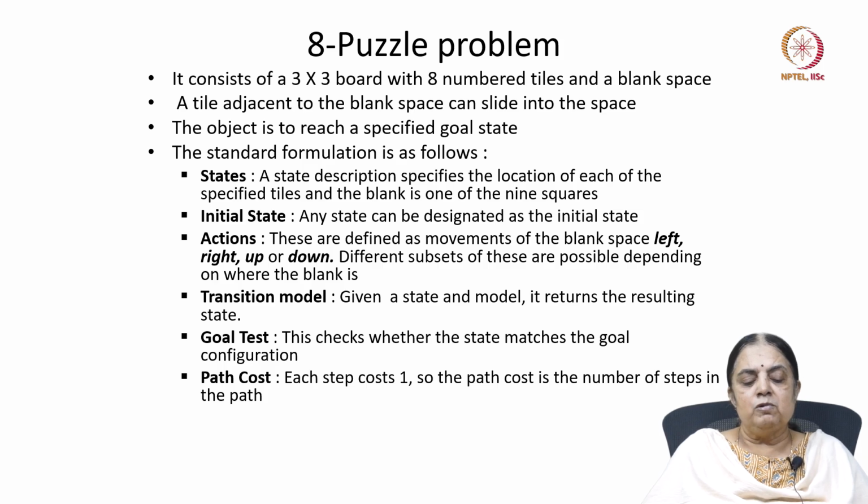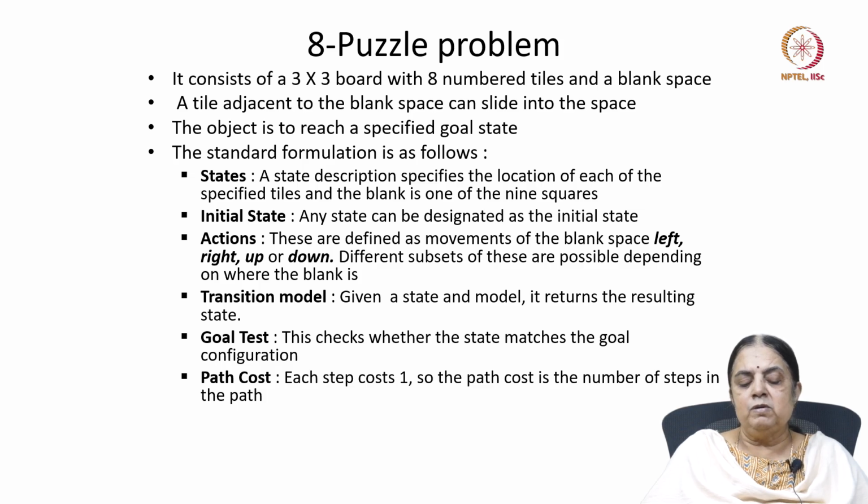Then what is the goal test? The goal test would be to check whether the configuration matches the final configuration which you are looking for. If it matches, then your job is done. And what is the path cost? Each movement that is made, or each action or each step, has a cost of 1.